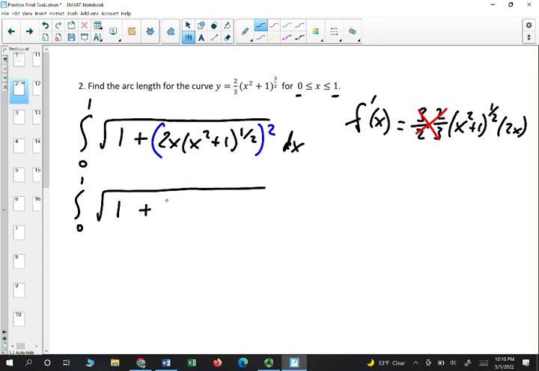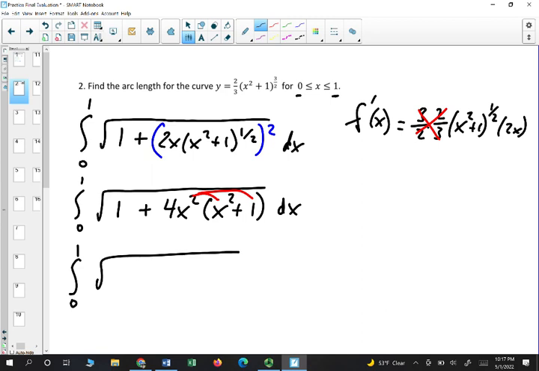We have 1 plus, we're going to square this quantity. So the 2x squared will be 2x times 2x, so 4x squared. And squaring the square root, that would just give us x squared plus 1 by itself. Okay, we can FOIL the 4x squared into the x squared plus 1. So that gives us square root of 1 plus 4x to the 4th plus 4x squared.